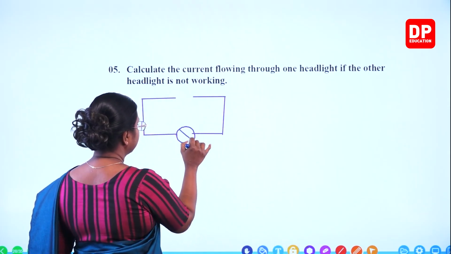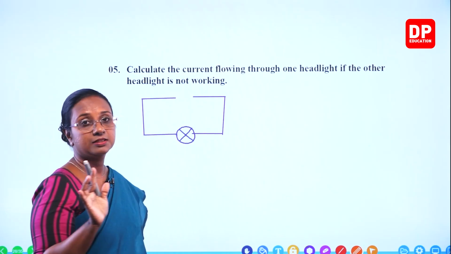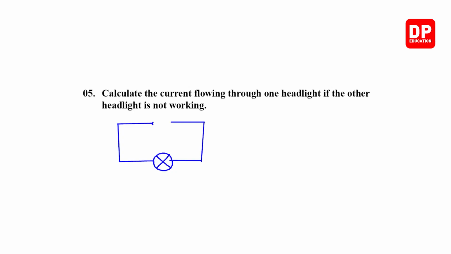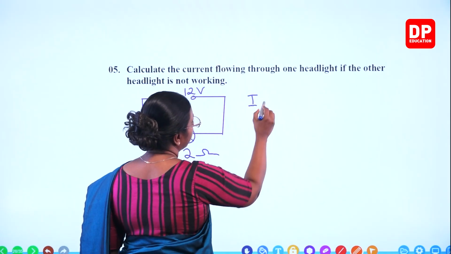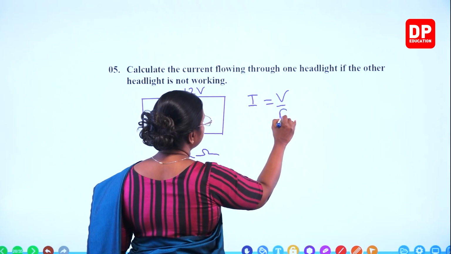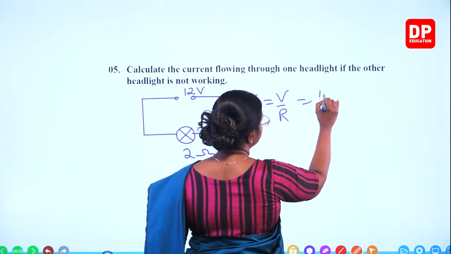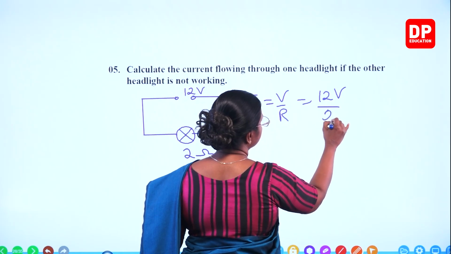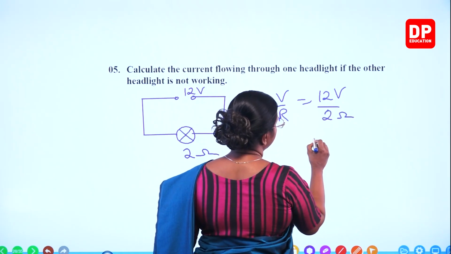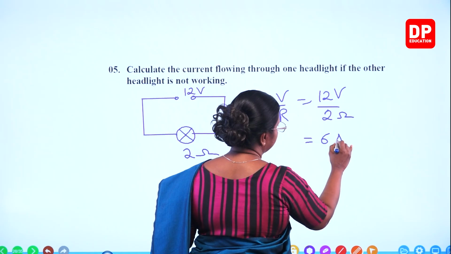You have the headlight here, only one headlight. And we have the 12 volt potential there. The resistance is given as 2 ohms. So if you calculate the current flow, I equals V over R, potential difference is 12 volts, resistance is 2 ohms. So the current flow is 6 amperes.